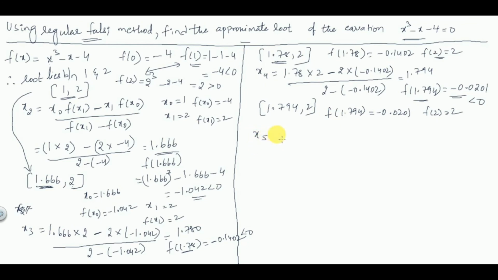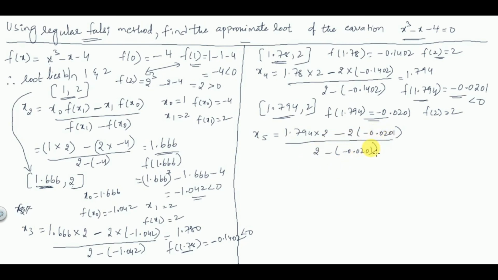So the next approximation, x5, is given by, so this is x naught now. x naught is 1.794 into f of x1. f of x1 is 2 minus x1 is 2, f of x naught value is minus 0.0201, divided by f of x1 value is 2 minus of minus 0.0201.